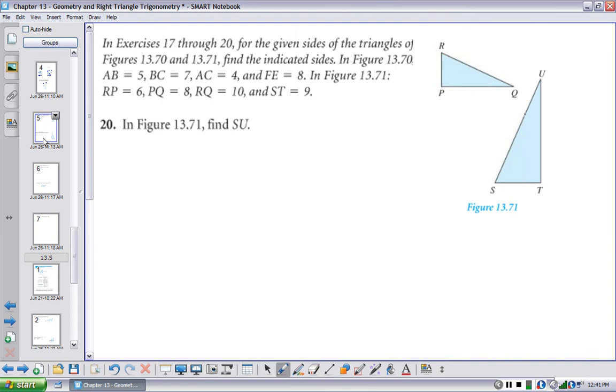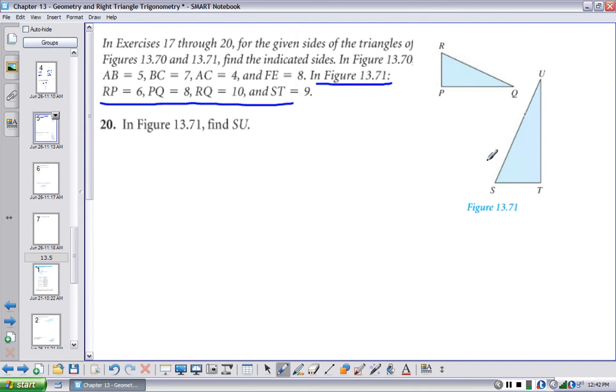All right. Next example. It says for the given sides of the triangles of figures 13.70 and 13.71, find the indicated sides. We're looking at 13.71, so this is what we need to be concerned with.